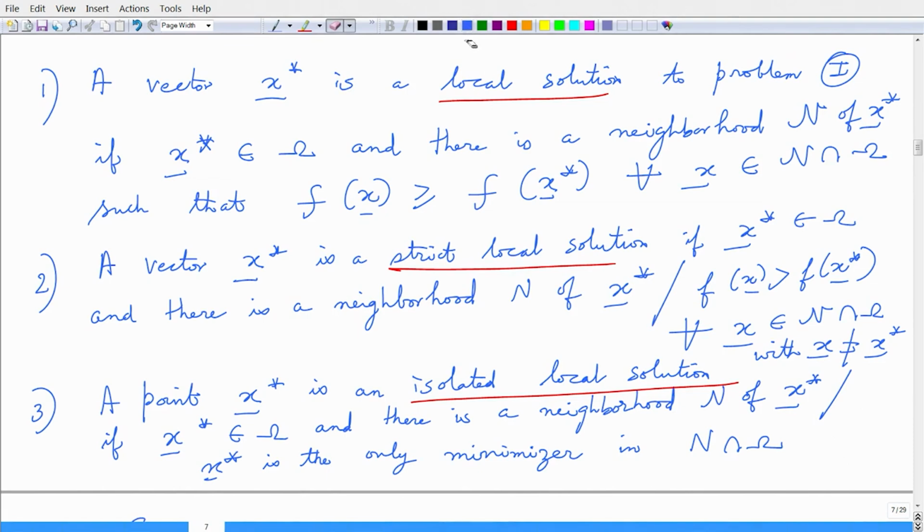So, we have a curve here and then possibly we have a constraint, and when we look at this neighborhood intersecting omega, it basically happens to be the only point and that point is the only minimizer. So, that is the meaning of this isolated local solution. The point is the only minimizer, that is the isolated property here for the local solution.